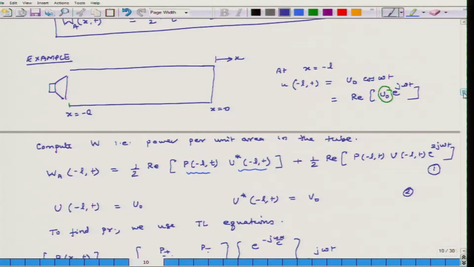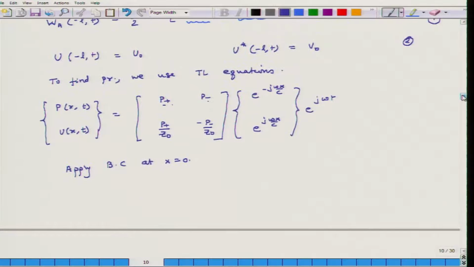If no air is moving at the boundary, it means that u x t is equal to 0 at x is equal to 0. Okay. So, which means that P plus over Z naught minus P minus over Z naught equals 0, or P plus is equal to P minus.